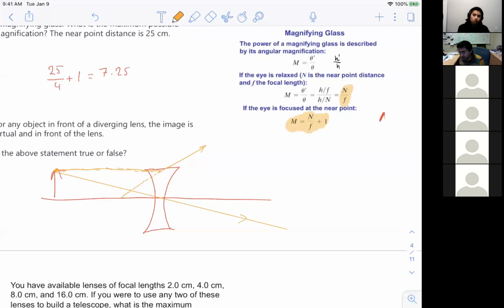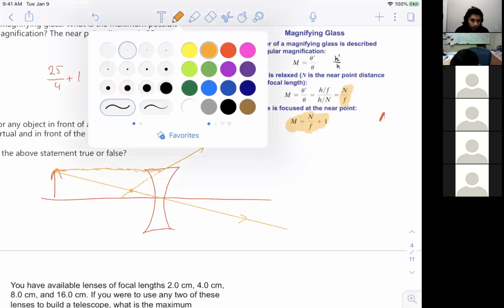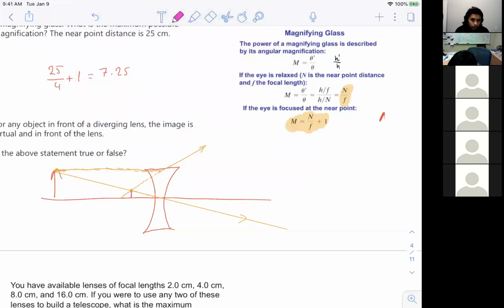Because of the property of a diverging lens, the lights are diverging, they don't intersect. If they don't intersect, they don't form a real image, but they have a projection of the light, so it can form an image by projection of the rays. The projection of rays is going to be here. Then you will have an image here.